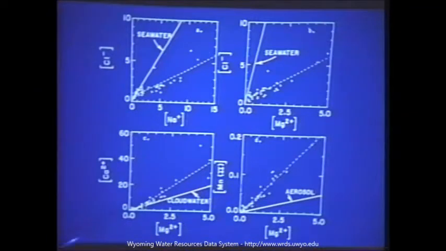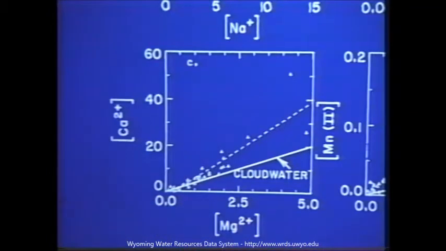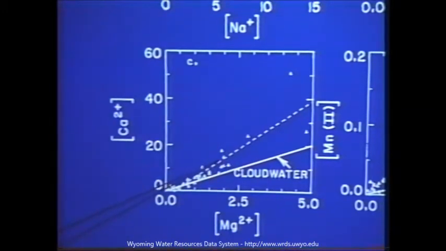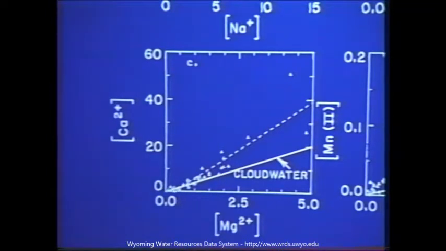Another interesting observation here is that calcium is apparently enriched: the calcium to magnesium ratio is larger in the snow than it is, say, in the cloud water. And this suggests some fractionation of calcium and magnesium during the process of both cloud droplet formation and the subsequent transfer of droplets to snow via the riming process, to graupel via the riming process.